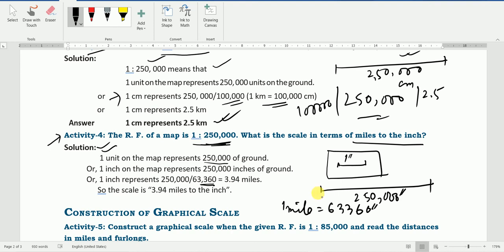After dividing, we have got 3.94 miles, and hence the statement of scale of the given RF is 3.94 miles to the inch. So 3.94 miles is equal to 1 inch. This is the answer.